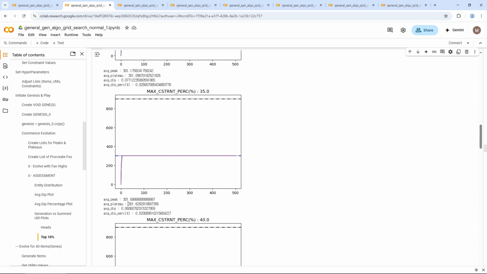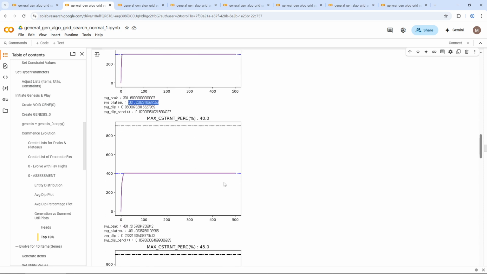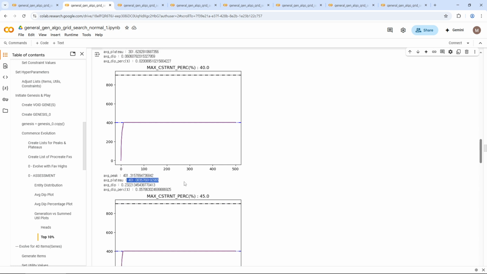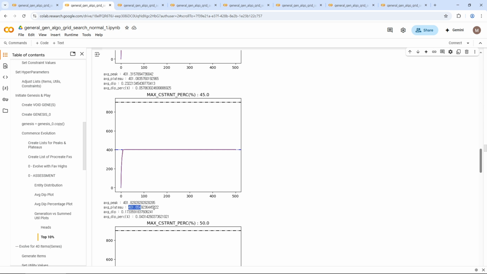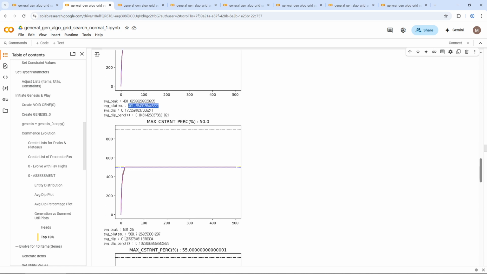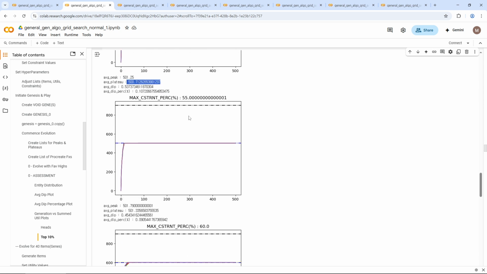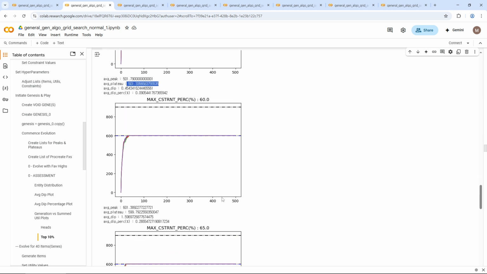At 35% it's still at 301, at 40% it's 401, at 45%, 401, 50%, 500, 55%, 501, 60%, 599, so almost 60.